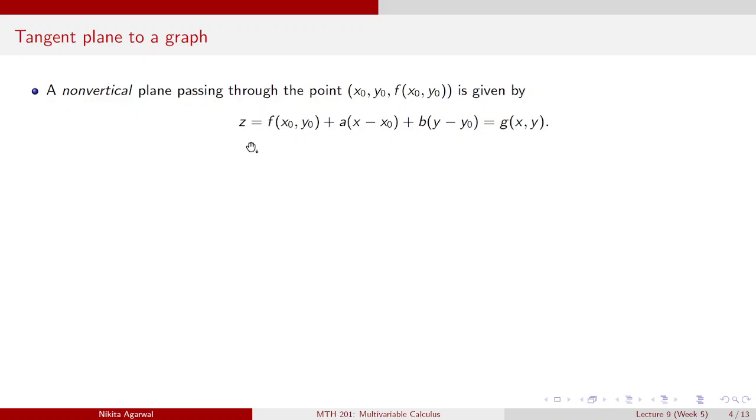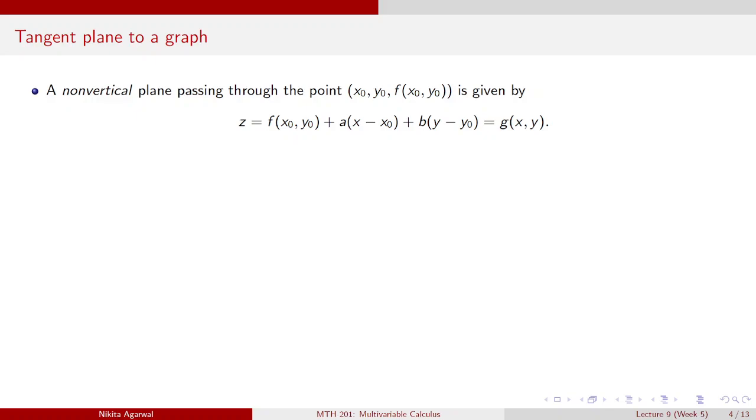Okay, so let us look at it differently. Suppose you bring this z on this side. So what do you get? You get minus of z minus f of x naught, y naught plus a times x minus x naught plus b times y minus y naught equal to 0.